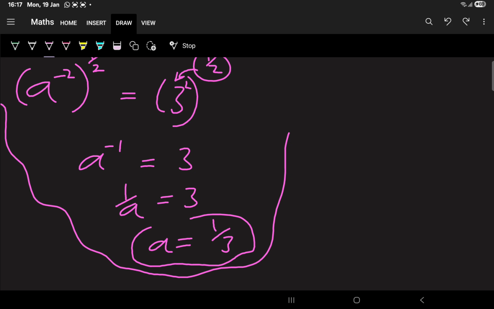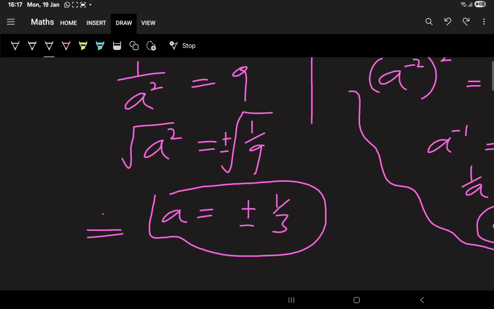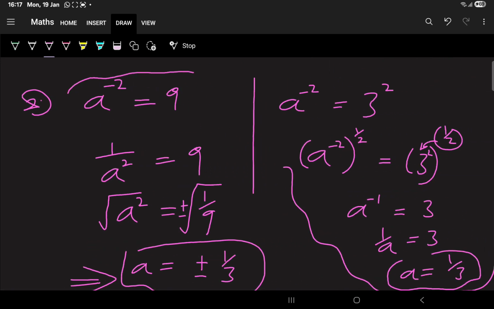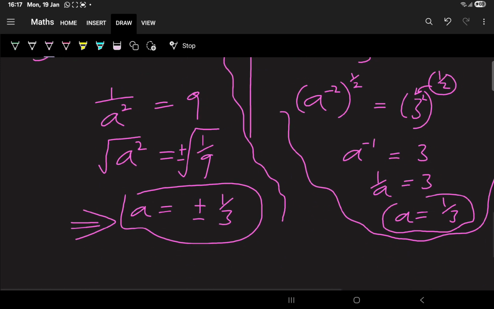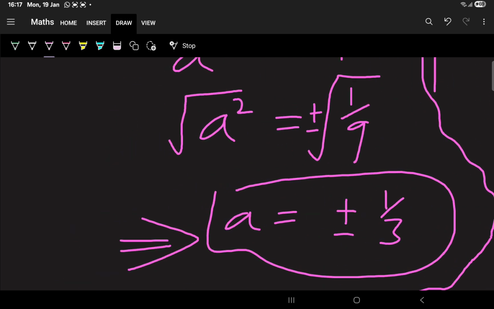So in a standard sense, this is a complete solution. So this is the recommended method if it's for a test or exam. I recommend you to use this because this captures the complete solutions for the equation.